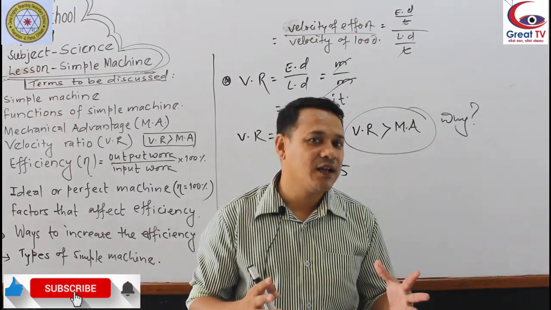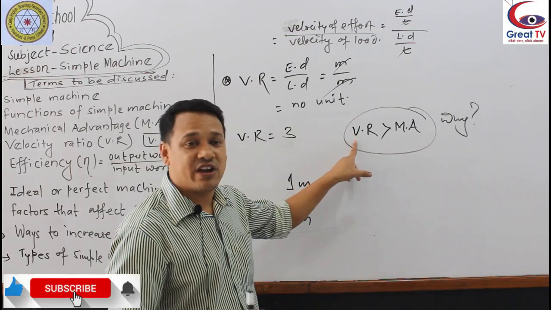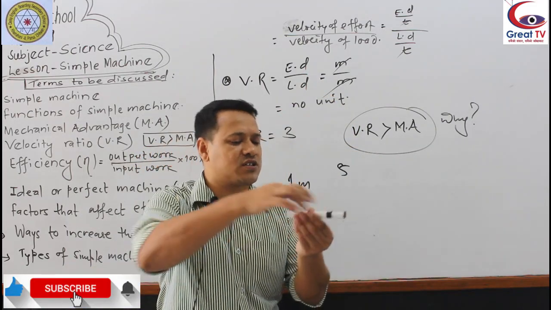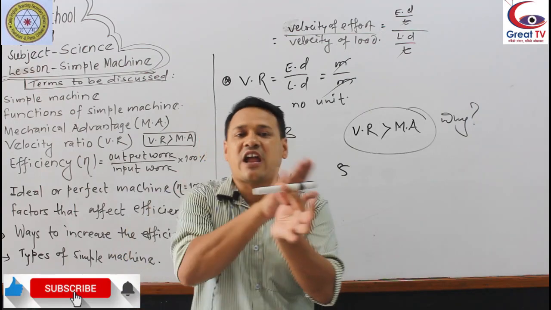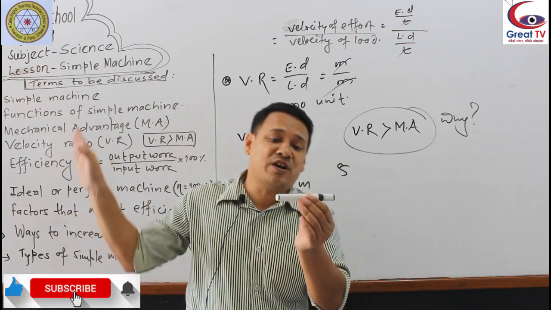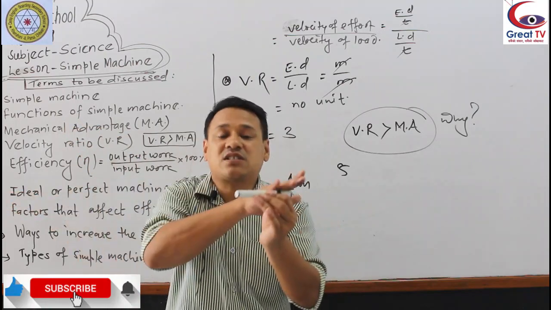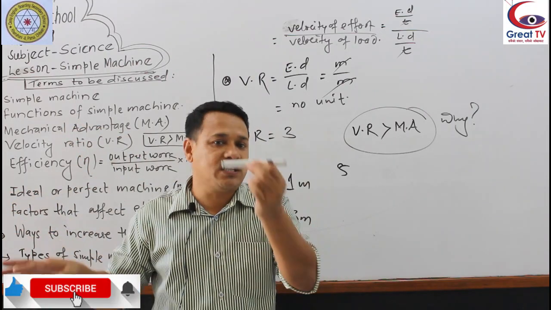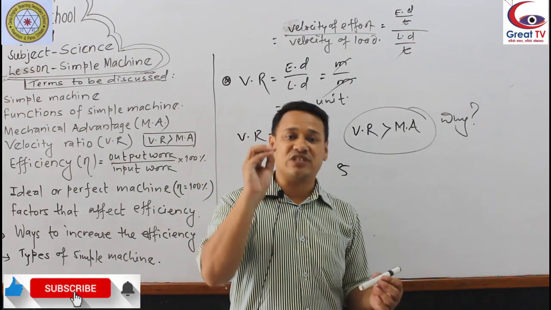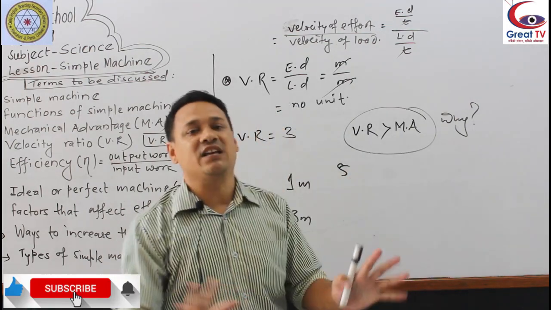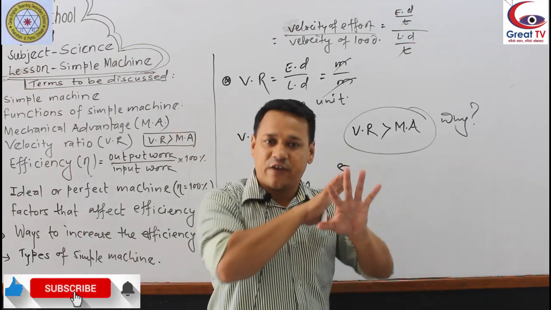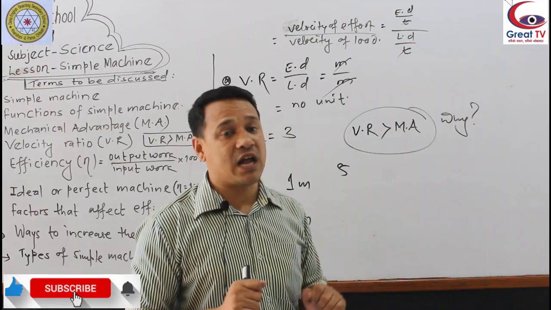Because velocity ratio is simply a distance, a length. It is not affected by friction. We have not used any other thing over it. Just length. So velocity ratio is not affected by friction, but mechanical advantage is.